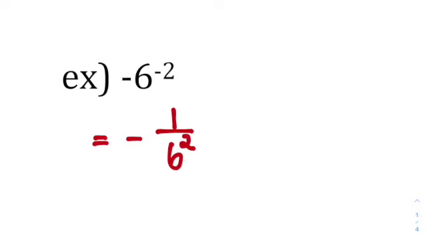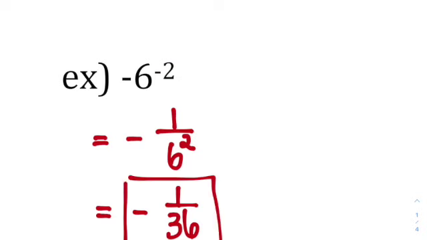Your answer is 6 times 6, that's 36, and your answer is going to be negative 1 over 36. Now if you decide to put the parentheses on there, you will get the wrong answer because it doesn't give you that negative sign correctly. Going on to the next problem.